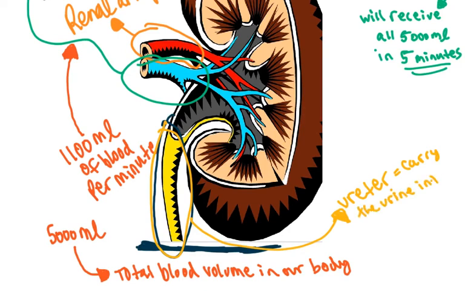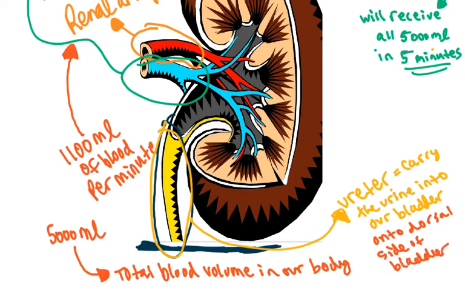To be more specific, our ureters drop off the urine into our bladder on the dorsal side, also known as posterior. So onto the dorsal side of the bladder. Let's write that in parentheses, just so we can take this into account.